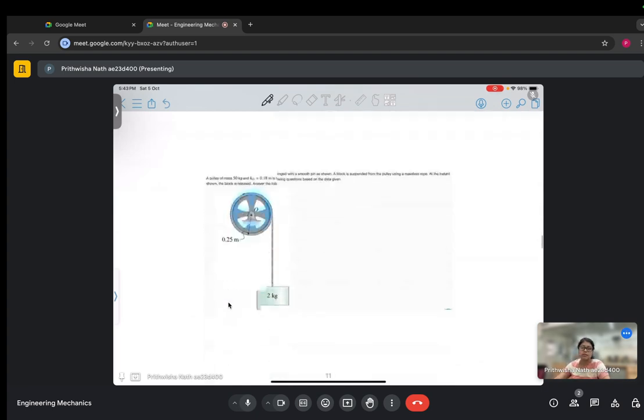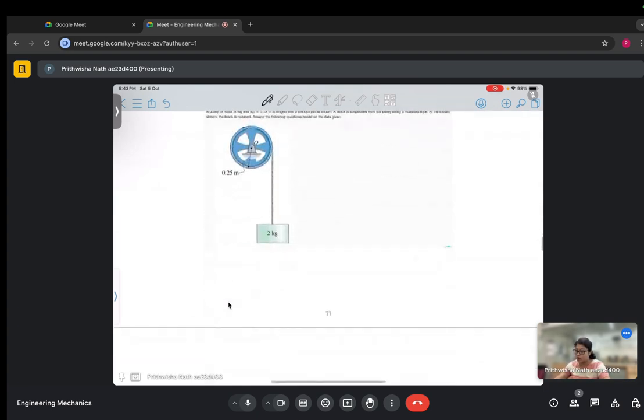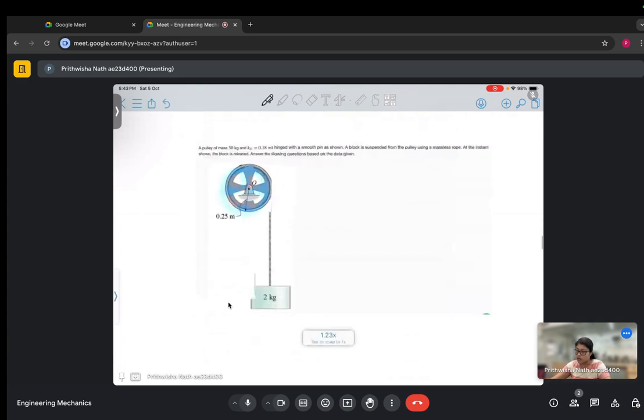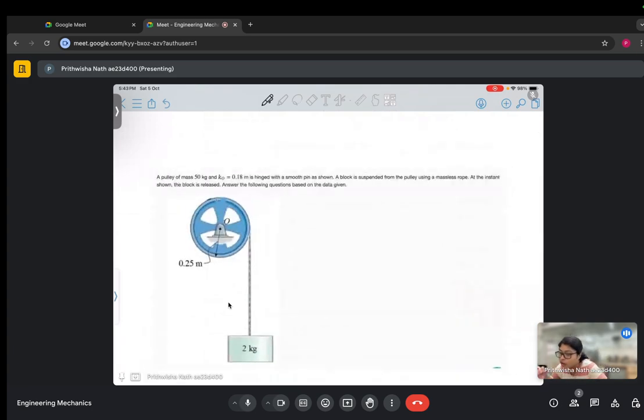Now, moving on to the next question. A pulley of mass 50 kg and KO equal to 0.18 meter is hinged with a smooth pin as shown. A block is suspended from the pulley using a massless rope. At the instant shown, the block is released. Answer the following questions based on the data given.